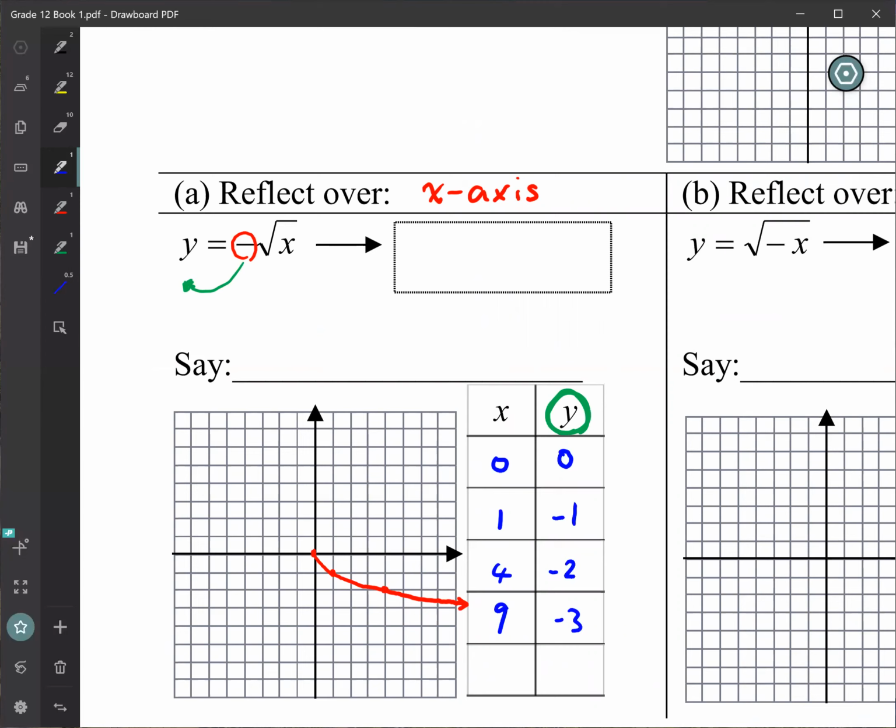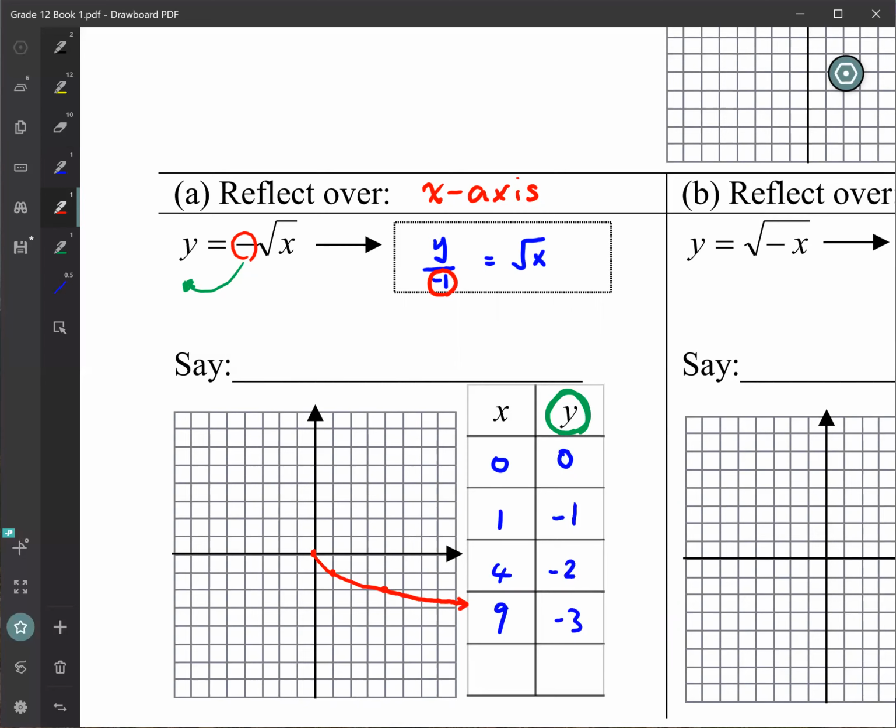Yeah, I can divide both sides by -1 or multiply both sides by -1, okay? So because it's movable, the negative is movable. So it will look like y over -1 equals root x. So anything that's movable to the y side is going to change the y values. Okay, then that will become our first rule.